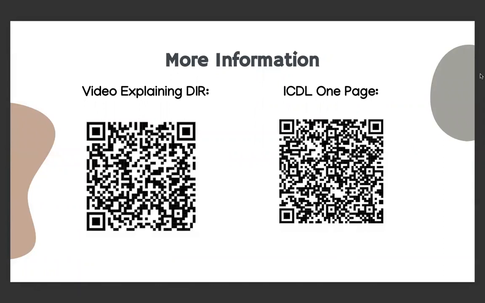It's a pretty old video, but it is still incredibly relevant to what we're talking about today. And then on the right side, there's a QR code for ICDL, which is, again, one of the governing bodies. They were lovely enough to create a one-page document that just really breaks down DIR Floortime and explains the levels all in just one page.